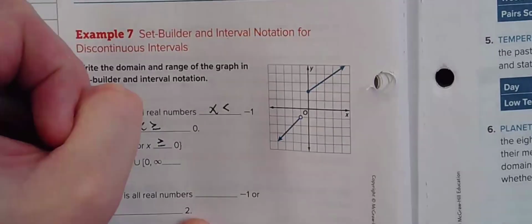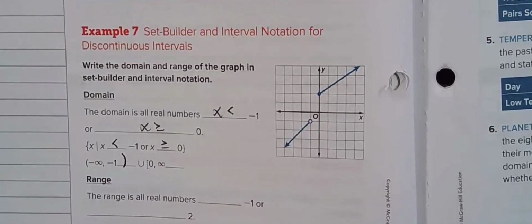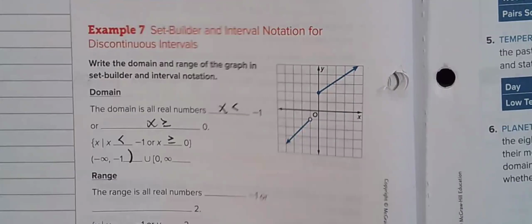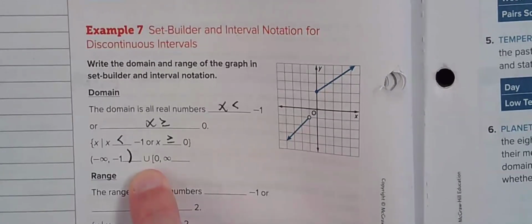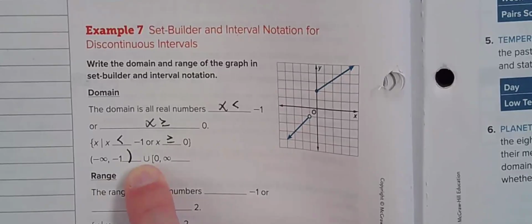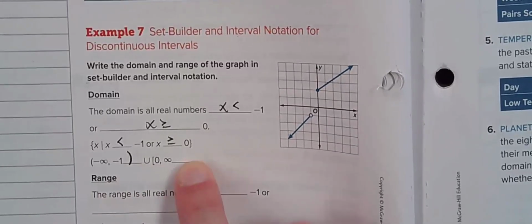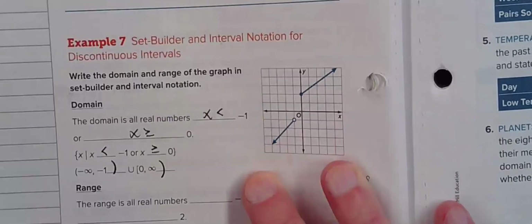So you're going to have two sets of parentheses or two sets of brackets or a combination of each of those two things. In between them is the union symbol. So here's the first portion of it. And it is being unioned with everything from 0, including 0 with the bracket, to positive infinity. And positive infinity also uses a parenthesis.